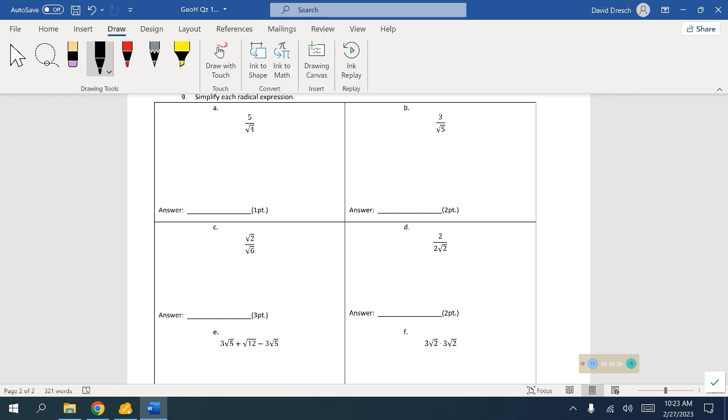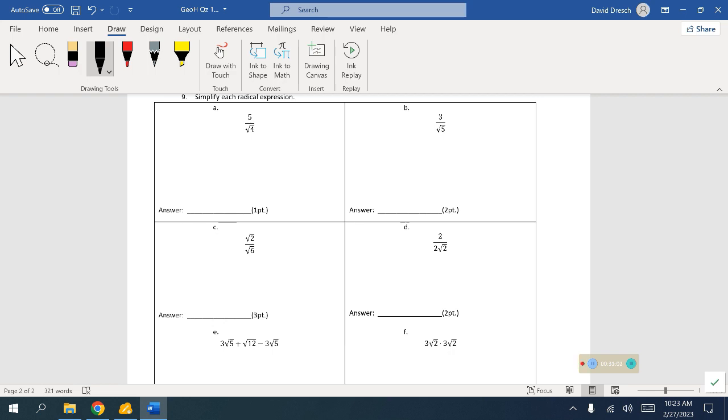All right. Let's take a look at letter D here. On letter D, there's many opportunities to start. On that one there, most of you, when I was looking at your work, tried to rationalize by doing this right here. 2 root 2 over 2 root 2, that's fine.